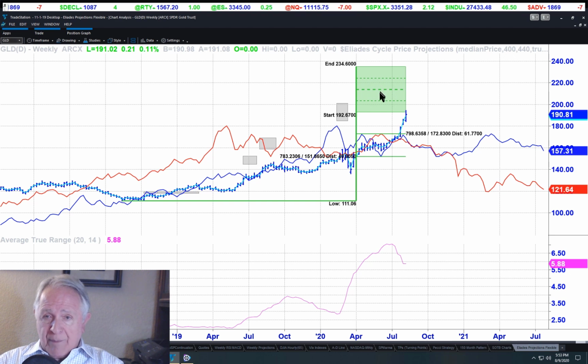Plus or minus 10% would be these dashed lines. But because we're using relatively large dual offsets, 400 to 440, you can see the extent of the offsets and the big upside projections provided. And for the first time this past week, we got inside that projection box.